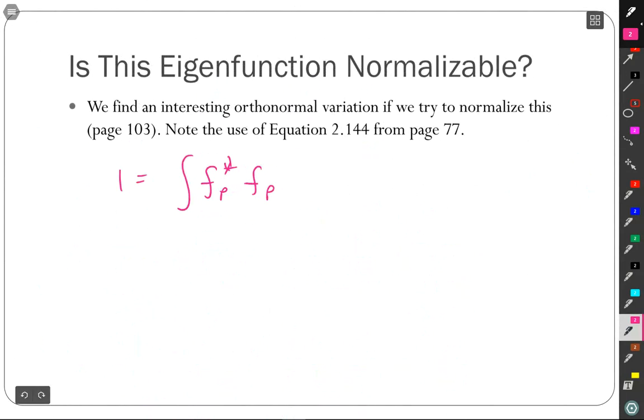So I'm going to integrate over x. So I do that integral.